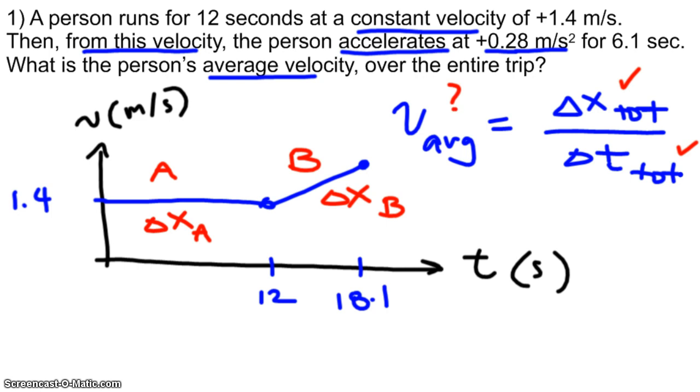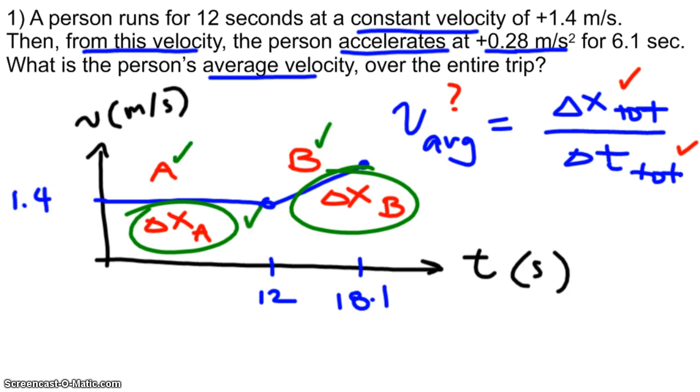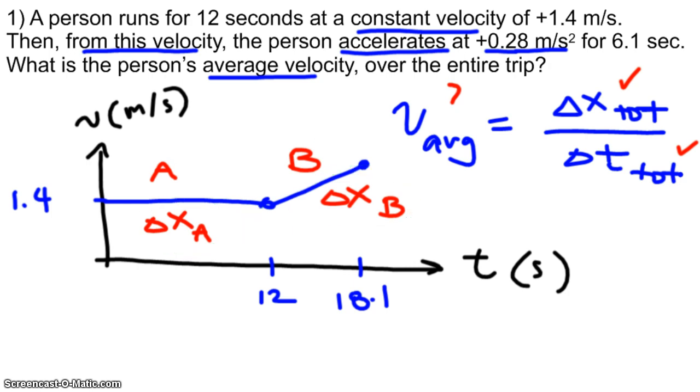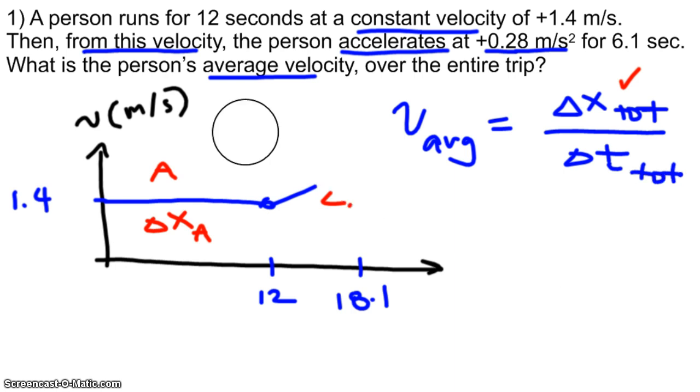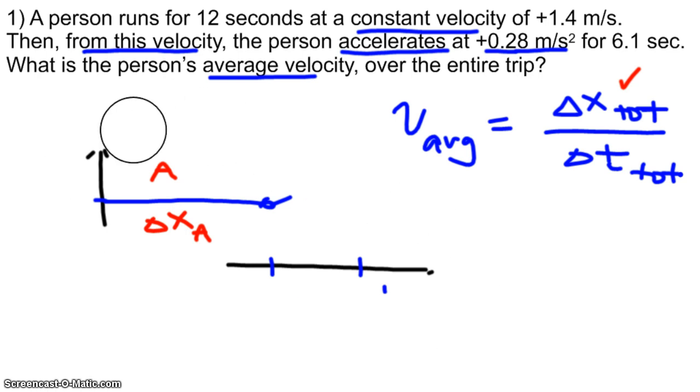So now, hopefully what you see is delta X total will simply be the sum of delta XA and delta XB. We have to find her displacement for the first segment, find her displacement for the second segment, and add the two displacements together to answer this question. Okay, so let's get started. Let's find her displacement in segment A, the first segment.